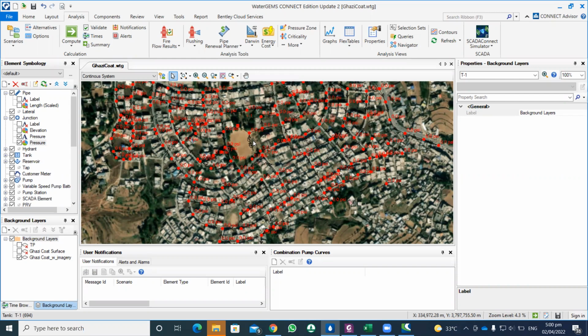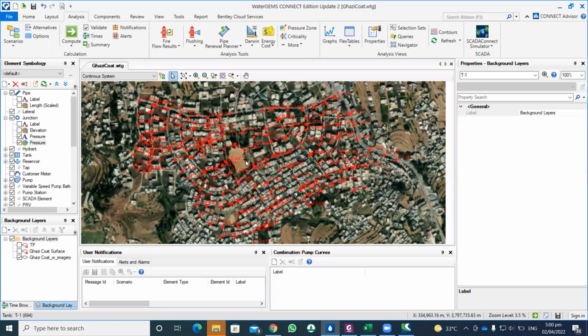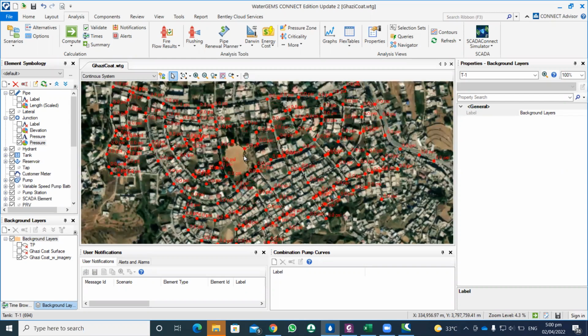So that's it about pump selection and how to design a pump for a continuous water supply system, for the intermittent system, and for the intermittent system with a tank in order to fulfill the demand. And the other step I want to show you is how to finalize your report of your water supply network.